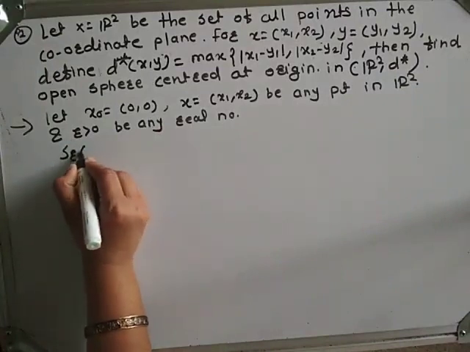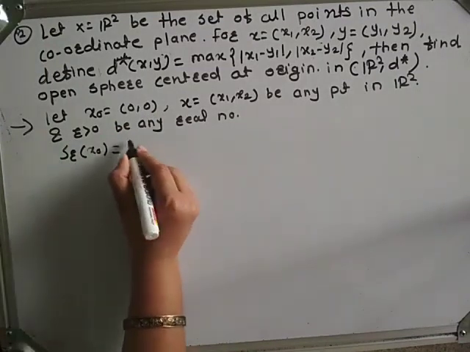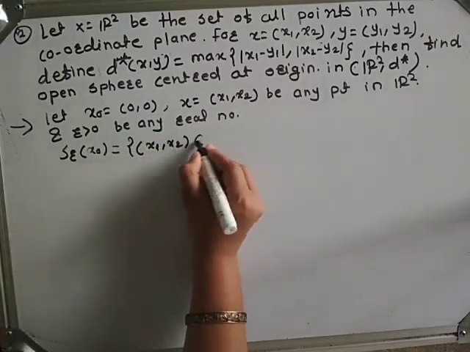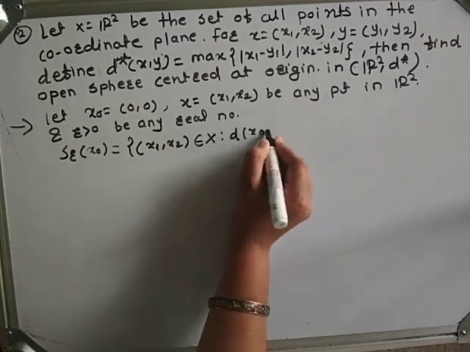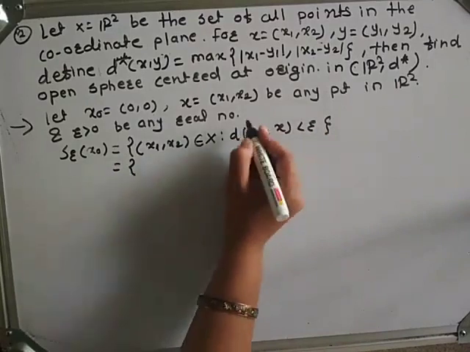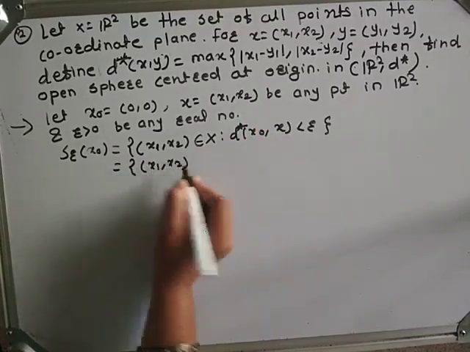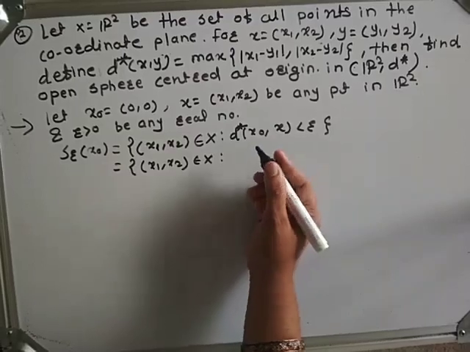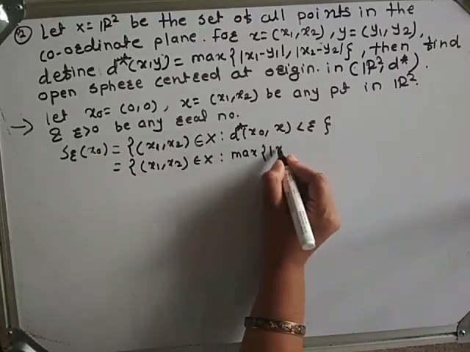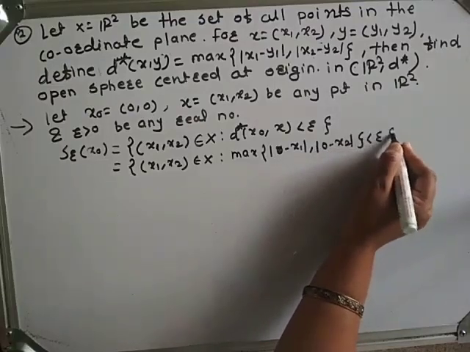Then the open sphere centered at x0, meaning centered at the origin with radius r, is equal to the set of all (x1, x2), or the set of all x belonging to capital X such that the distance between x0 and x is strictly less than r, here d star, which is equal to the set of all (x1, x2) belonging to capital X such that maximum of |0 minus x1|, |0 minus x2| is strictly less than r.